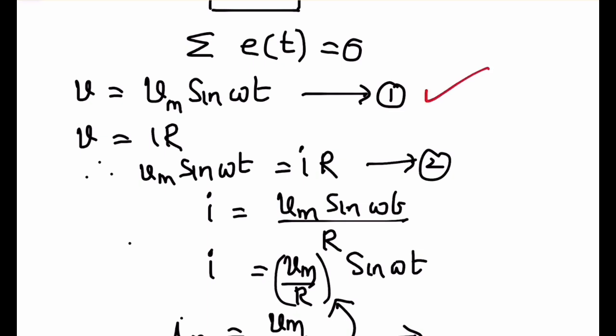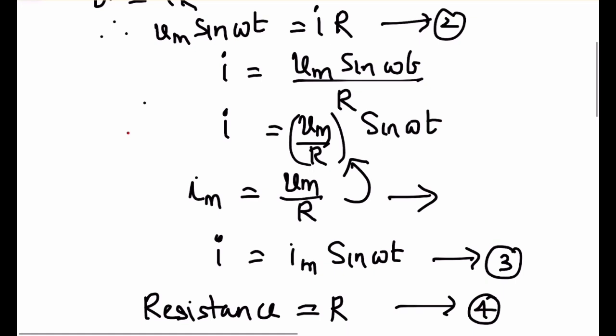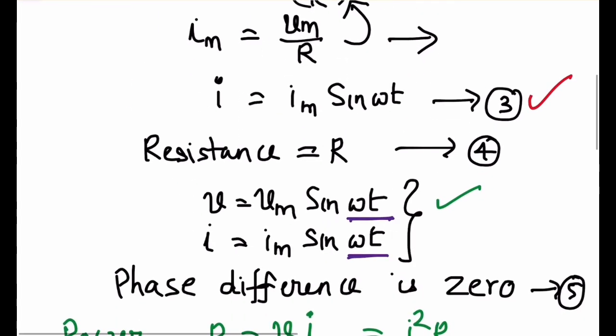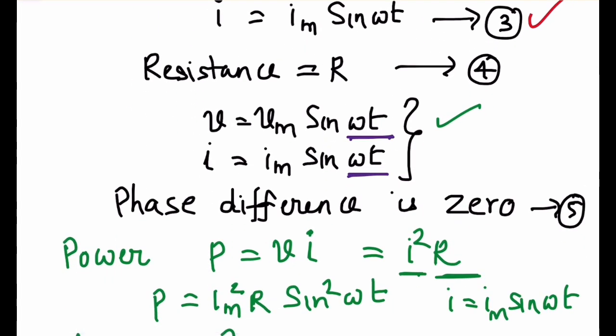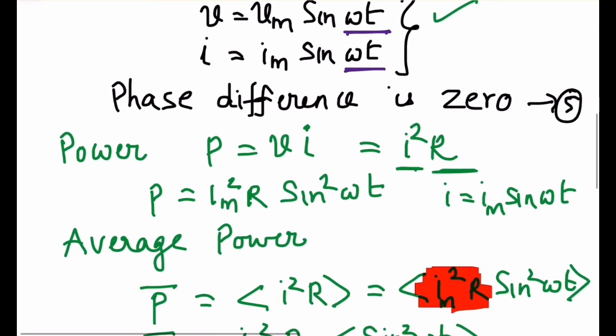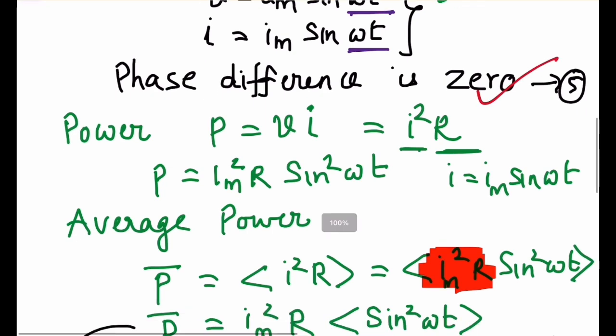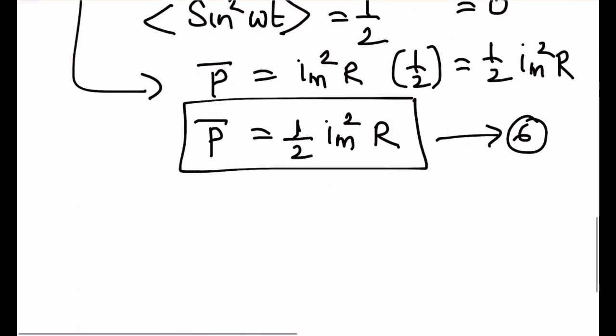The next one is I is equal to Im sin omega t, that is the current equation. Then the resistance of the circuit, that is R, we got that also. Then the phase difference, the phase difference is 0, that is also over. And the last one is power. We got the power equation here, that is half Im square R. This is all about the power.